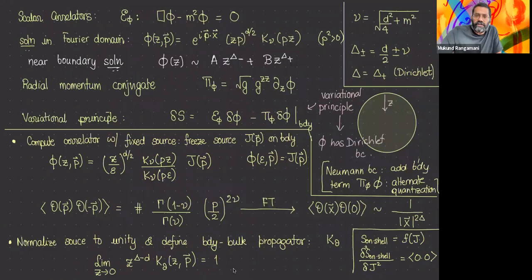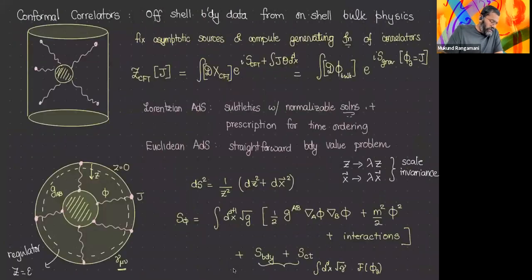There's another way to do the calculation, which is equivalent, but somewhat nicer for doing higher point functions, which is to view this calculation as propagating a field from a source on the boundary into the bulk, as I was describing before. So imagine you turn on J here, and then you ask, how does it source the corresponding field into the bulk?